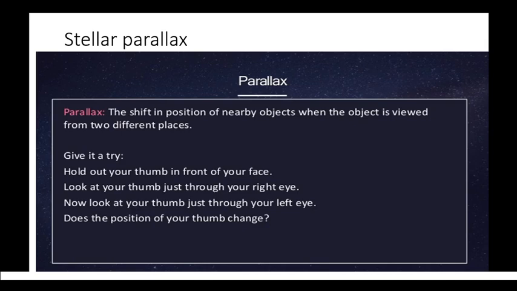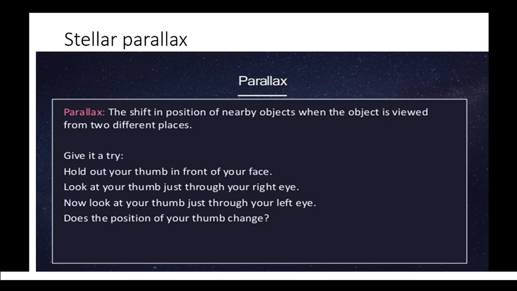Yes, isn't it? So that shift in position of the thumb is known as parallax error. We are seeing the thumb from our left eye and right eye, and we can see that there is a small change in the position of the thumb. So that is the parallax error.